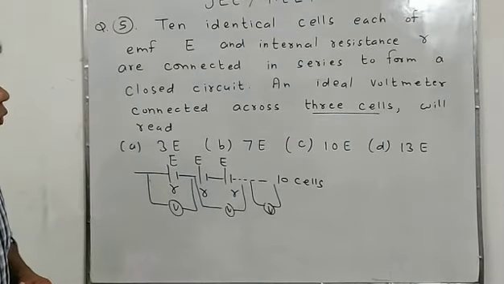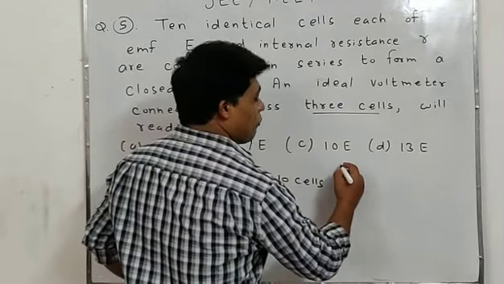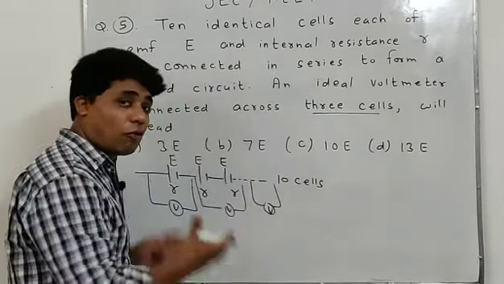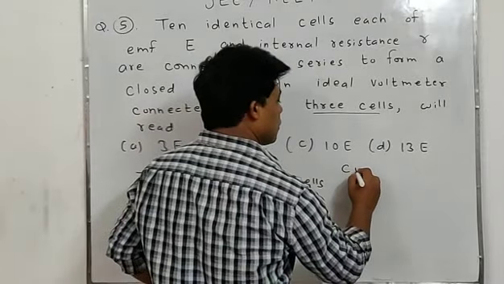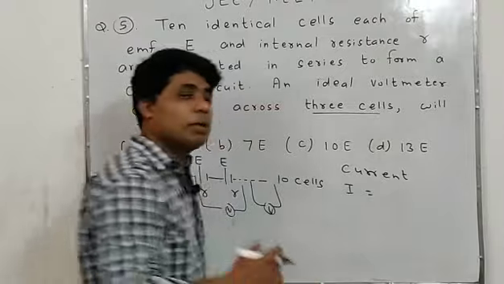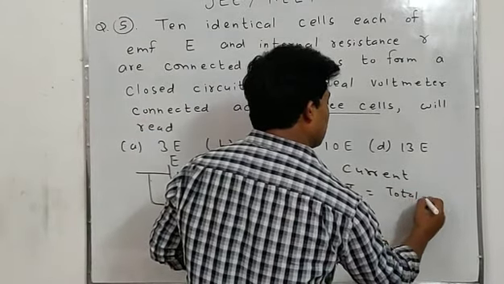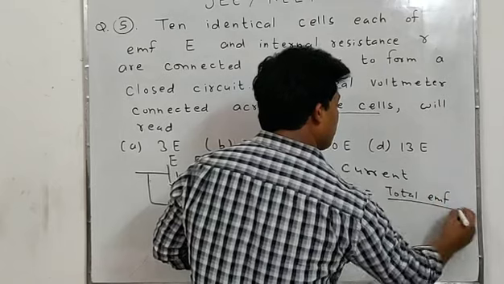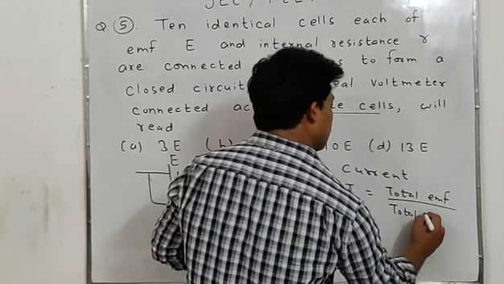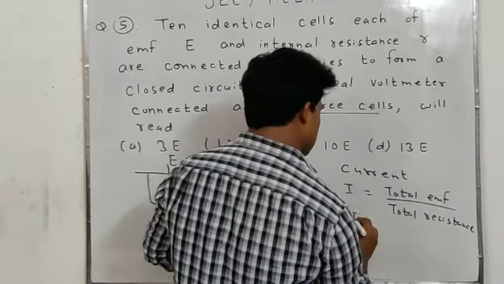Look, students, how can you find? Generally, we'll first find the current of that circuit. As current flows through that circuit, I equals total EMF by total resistance.